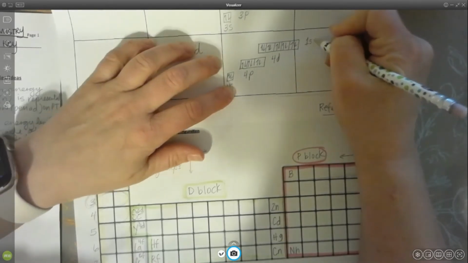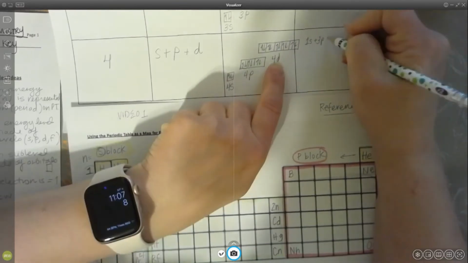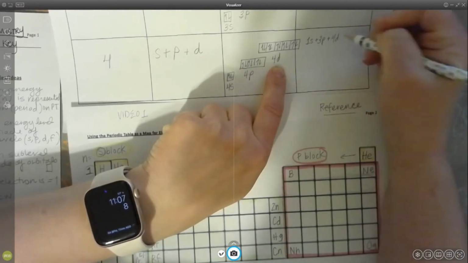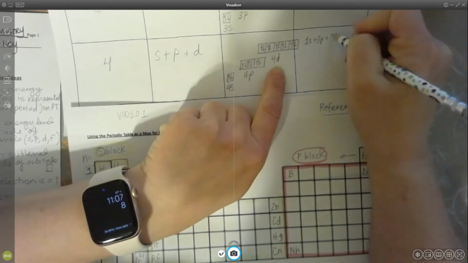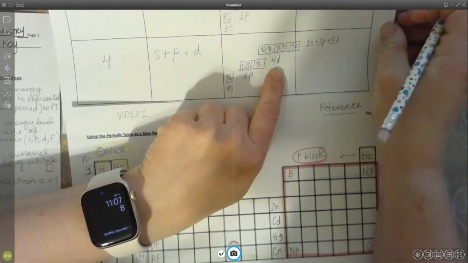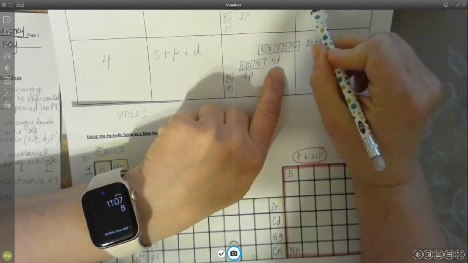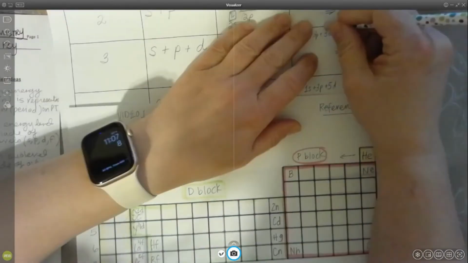1s, 3 p's, and 5 d's. Did you all notice that I made a mistake up here? I said 3d, but I should have said 5d.